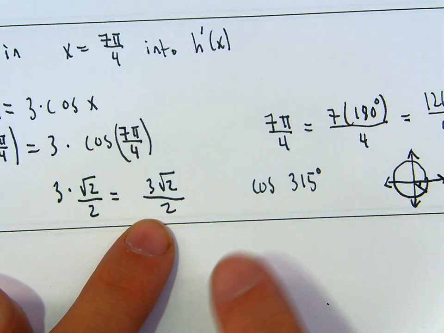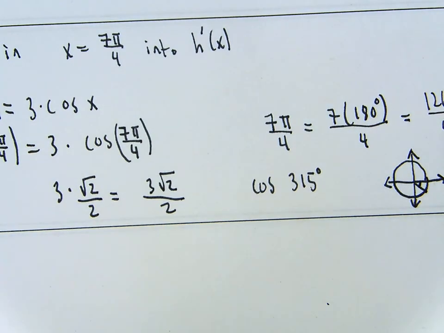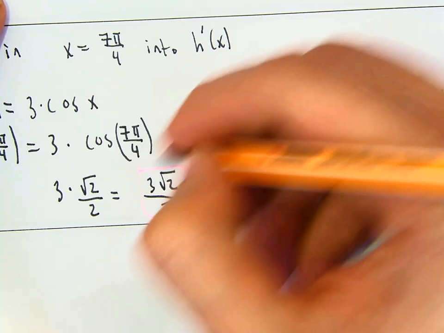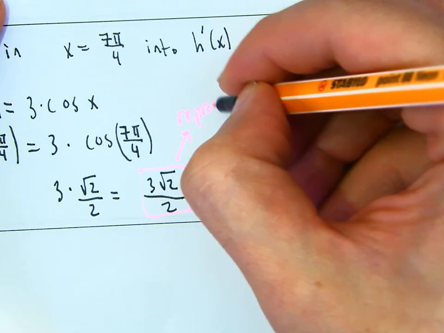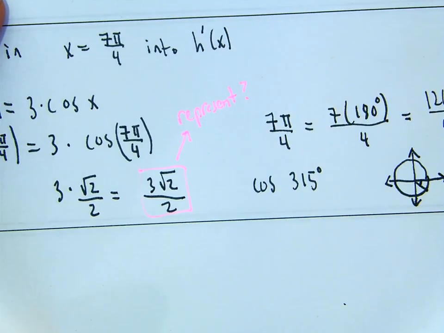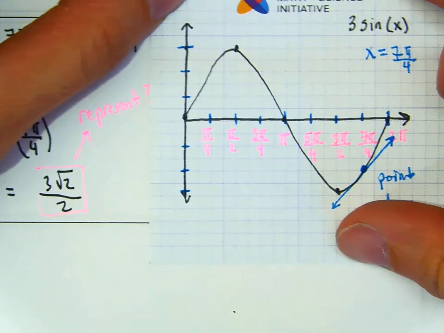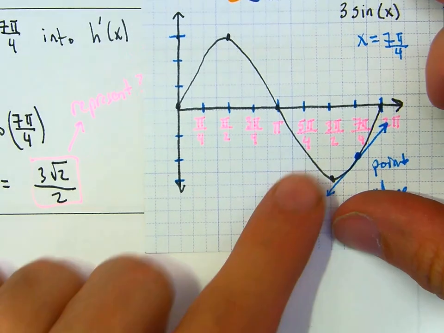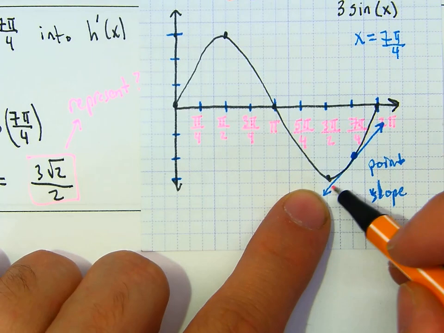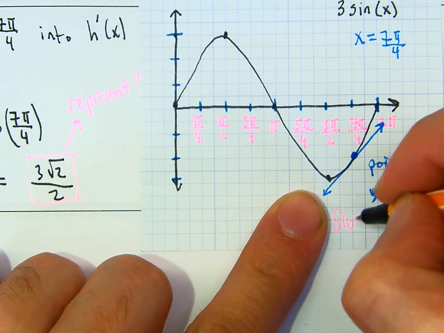Now it looks weird, but what does this 3 radical 2 over 2 represent? Take your time and try and look back at the picture that we have over here. What does this 3 radical 2 over 2 represent with respect to this line? That's the slope.